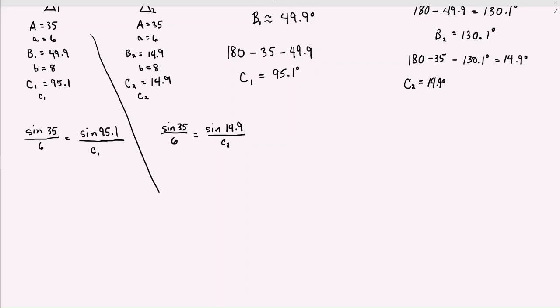Okay, and if you remember how this goes, if we cross multiply and then divide by this numerator on the known quantity, so we'll just take c1 is equal to 6 times the sine of 95.1 divided by the sine of 35.